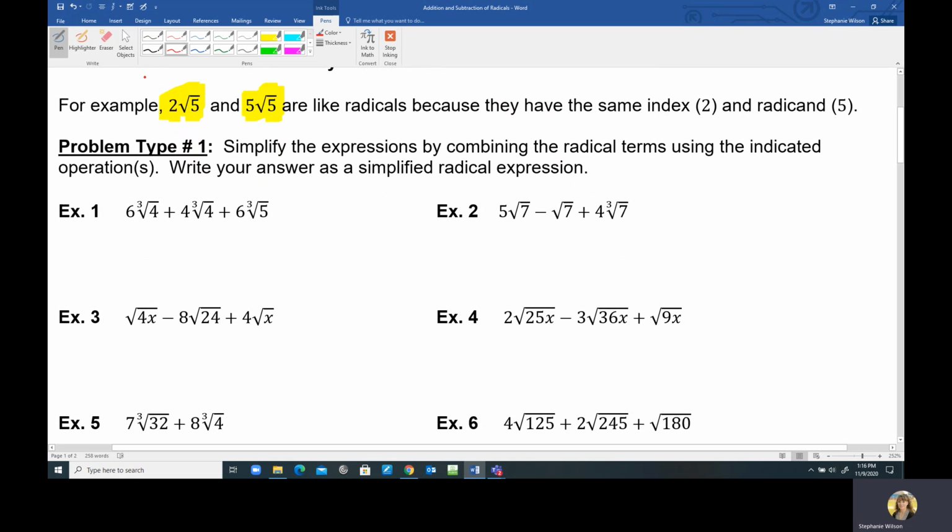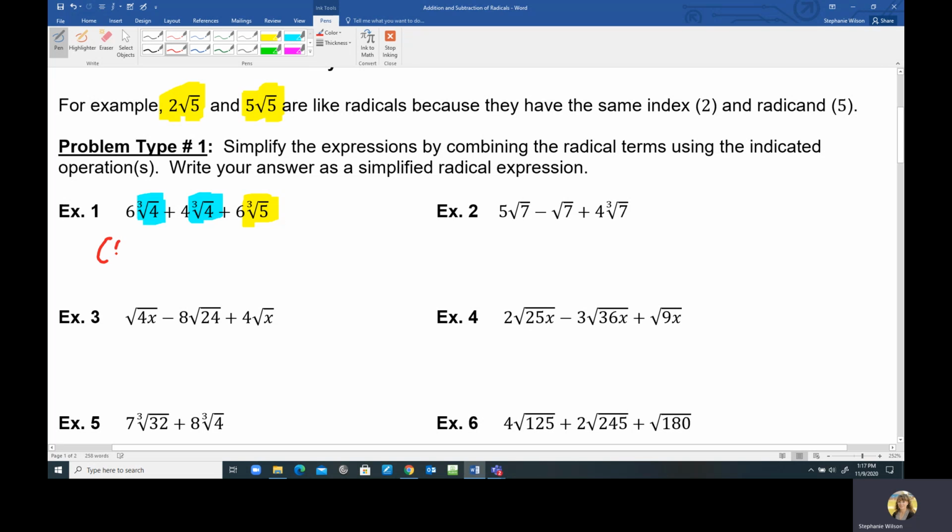Let's do example 1. To do example 1, I am going to look behind each one of these to make sure that they have the same root and the same thing inside of it, same radicand. And as you could tell right here, on this one here, we don't have the same. So this here cannot be combined with the rest. But I'm going to rewrite it.